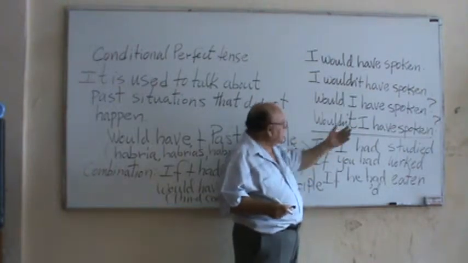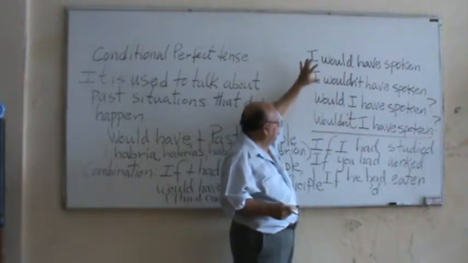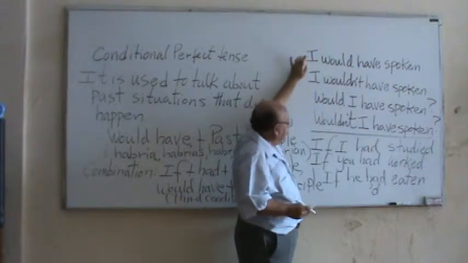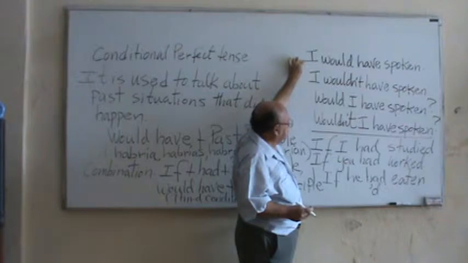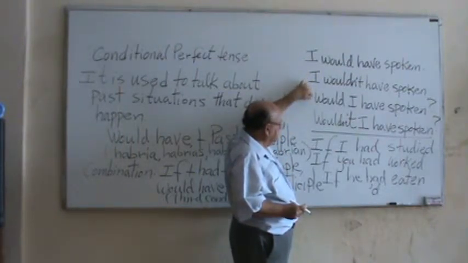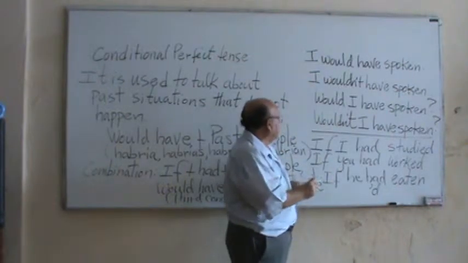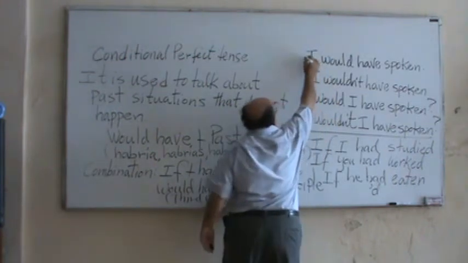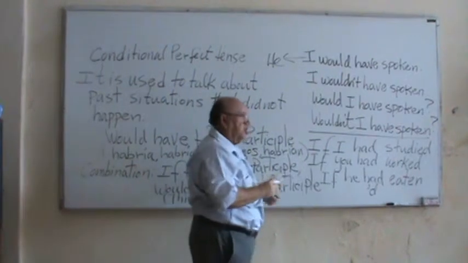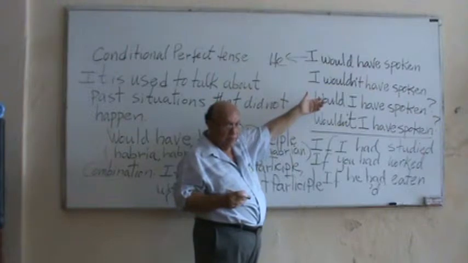Etc. Because we can use it with he, with she, with it, etc. And we are going to put it in the same position here. He would have spoken. He wouldn't have spoken. Would he have spoken? Wouldn't he have spoken? If I change the I for he, or if I change the subject I with another subject, okay?